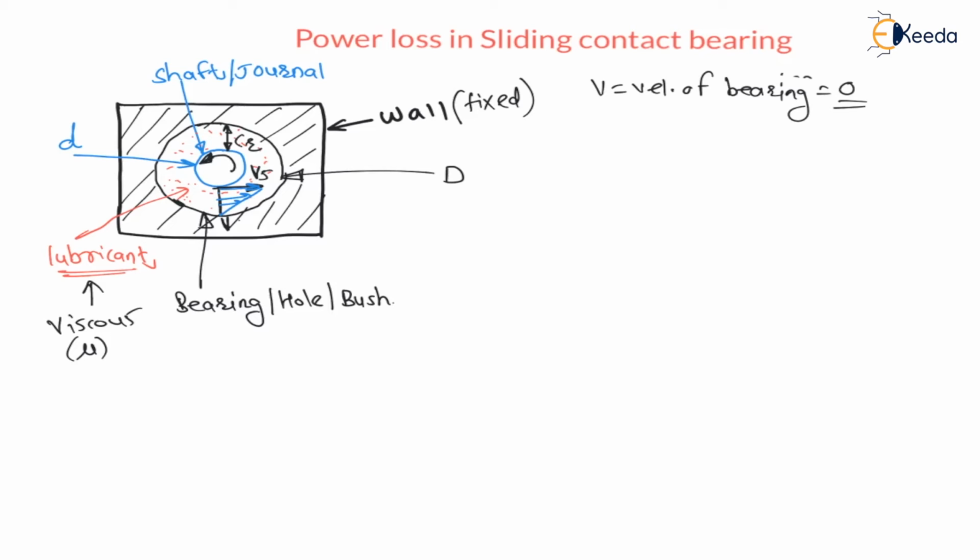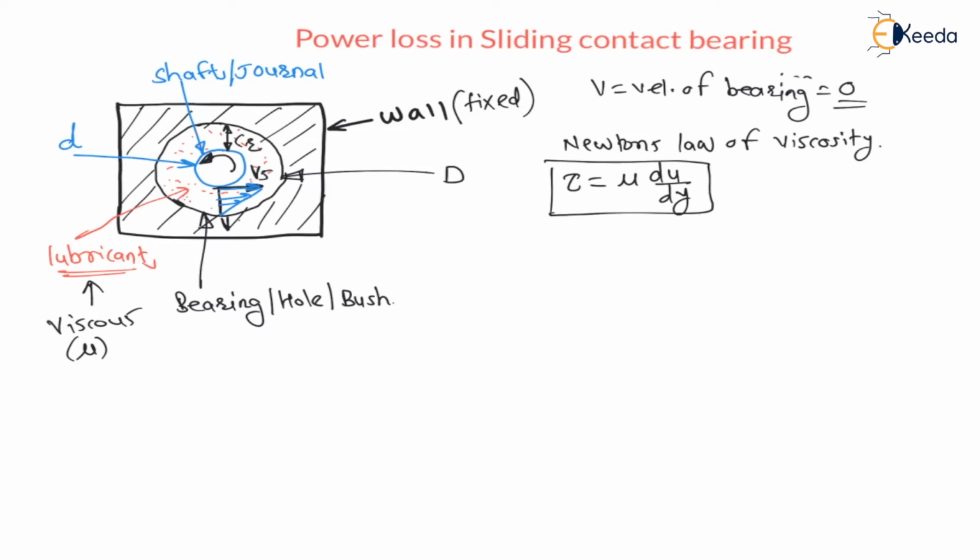Now because of this, as per Newton's law of viscosity, a concept I am using from fluid mechanics, the viscous shear stress tau is nothing but mu du by dy, which you have already learned in the first topic of fluid mechanics. Here tau is the viscous shear stress in Newton per meter square, that is Pascal.